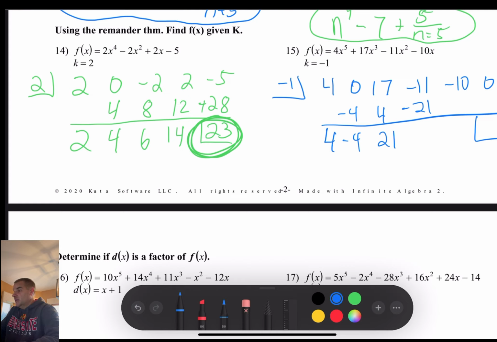I'm just checking over my work because something doesn't look right. Okay, I guess that's negative 32. It's 32. I guess that's right. 23. Nope. 22.